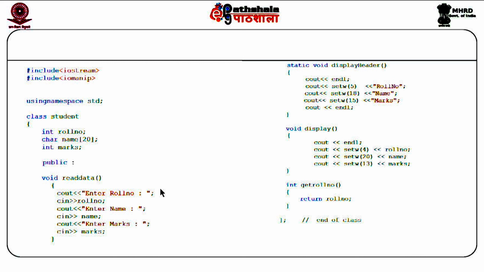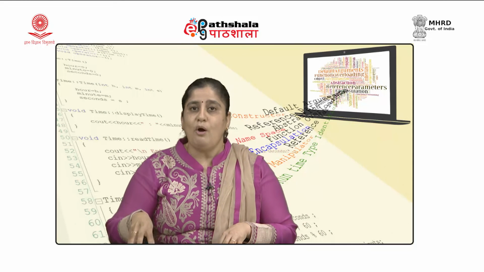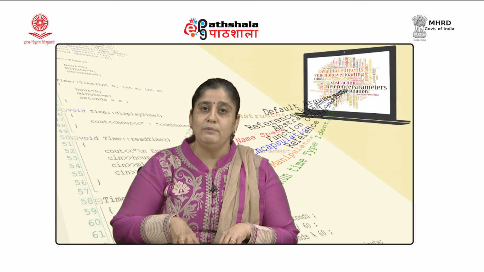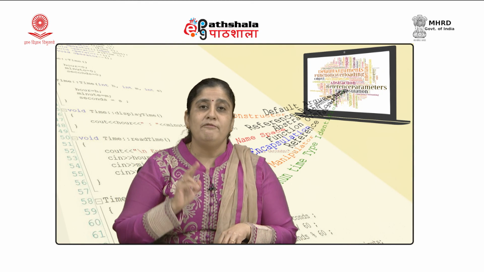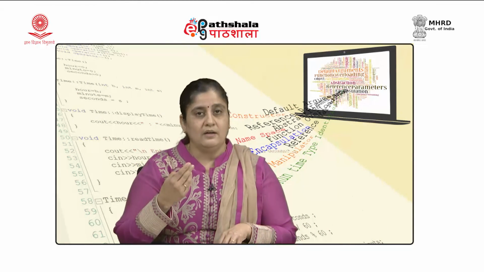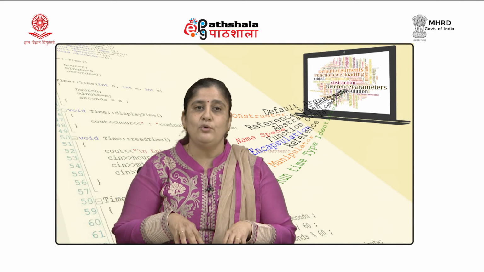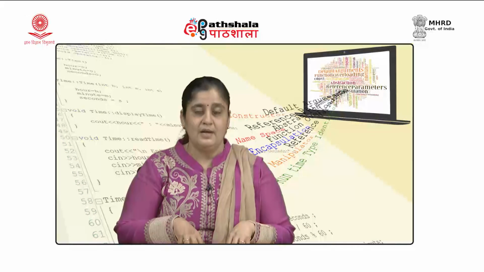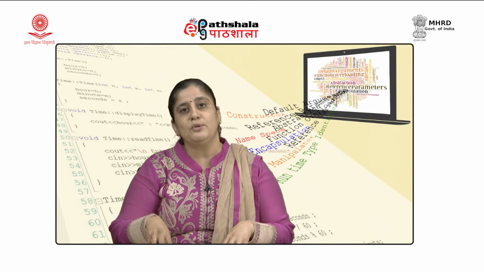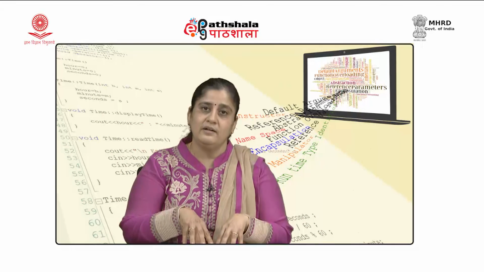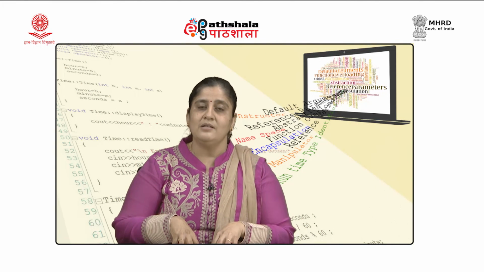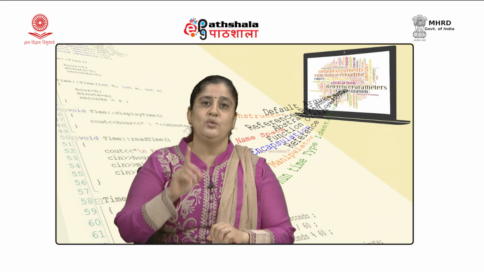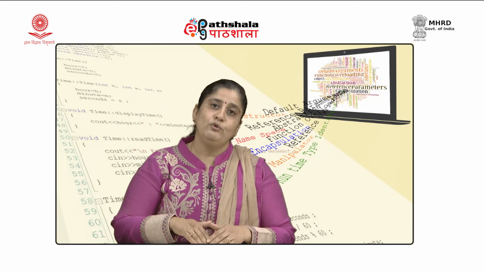So, this is our student class that we have defined. Now, an object of this student class will be able to store the information of only one student. So, if I want to store the information of 2 students, I need to define 2 such objects. If I want to store the information of 3 students, I need to declare 3 different objects. So, a student class defines one student.